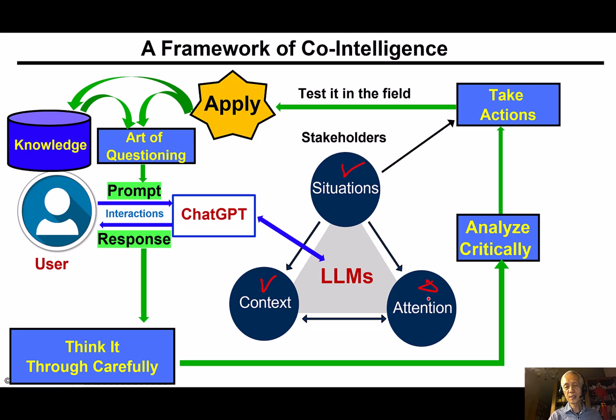Another term sometimes you will hear from people in this field is called attention. You also want to direct the attention of the large language model to a certain area using the right keywords. I want you to focus on, for instance, the data visualization when you analyze this data set.